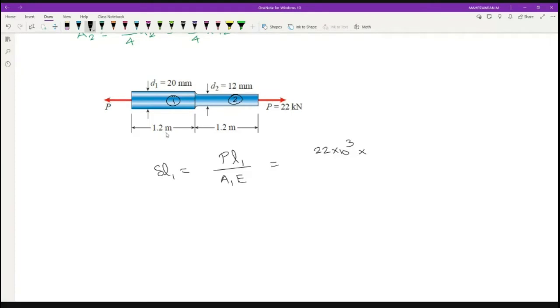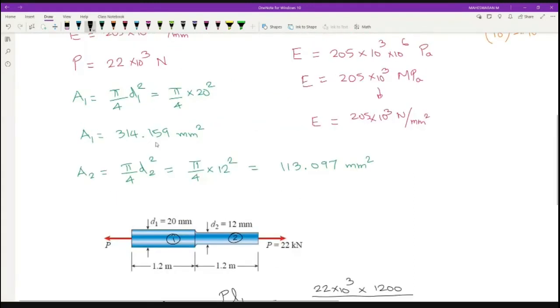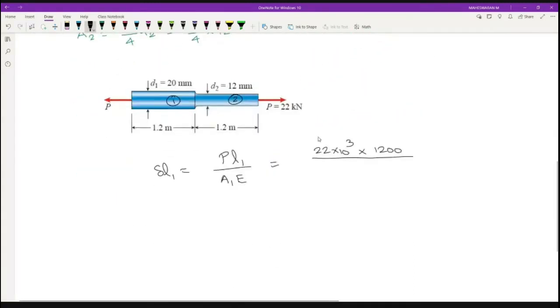L1 is 1200. Area 1, we already identified as 314.159. So it is 314.159 into Young's modulus. Young's modulus is 205 into 10 power 3, which we converted to Newton per mm square, right? That value. So can you tell me what is your del L1?